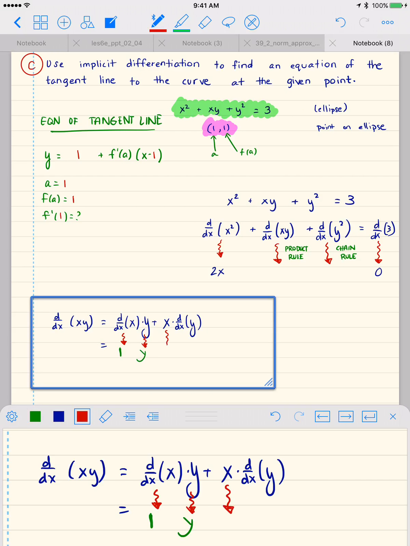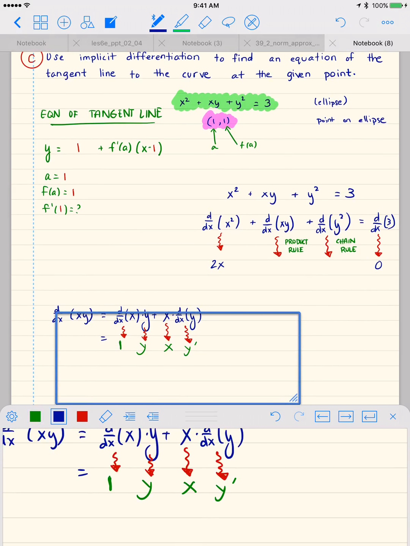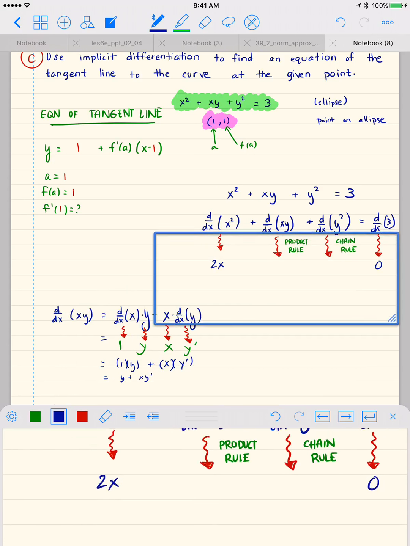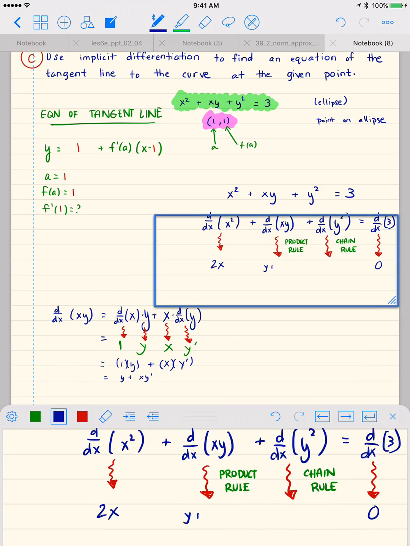X doesn't change, and dy dx is just going to be y prime. So when we put it all together, we're going to get 1 times y plus x times y prime. Y plus x y prime. So let's put that here.